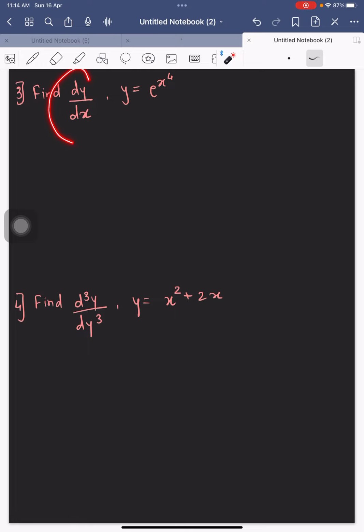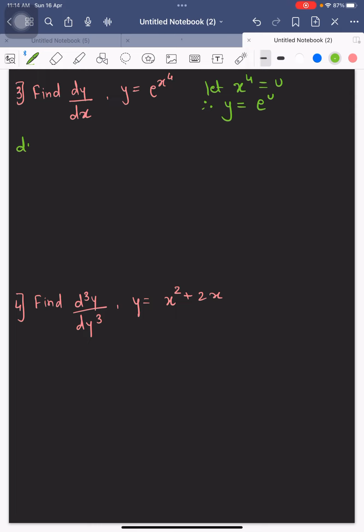Now find dy by dx when y is equal to e raised to x raised to 4. Right, again ये फंक्शन नेचुरल वाला नहीं है, e raised to x नहीं है, ये समथिंग e raised to x raised to 4 है. So again we have to use the chain rule. We let x raised to 4 is equal to u, therefore हमारा फंक्शन y will become e raised to u, right?